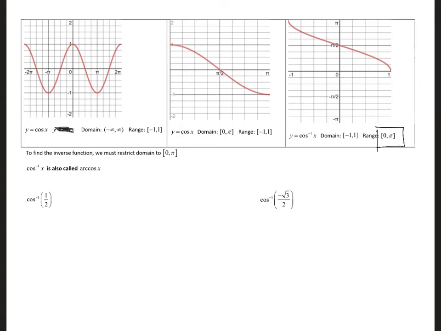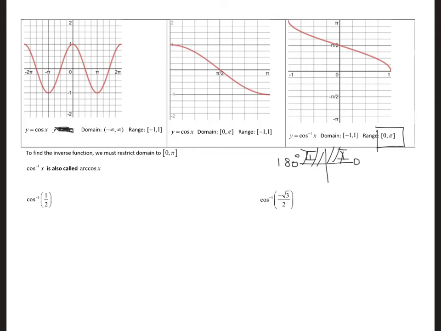What does that mean? For the cosine function, the inverse is only possible in quadrant 1 and 2, between 0 and 180 degrees. It's not possible anywhere else.